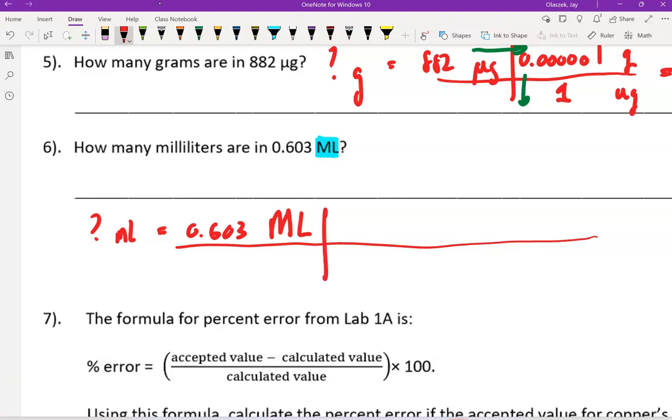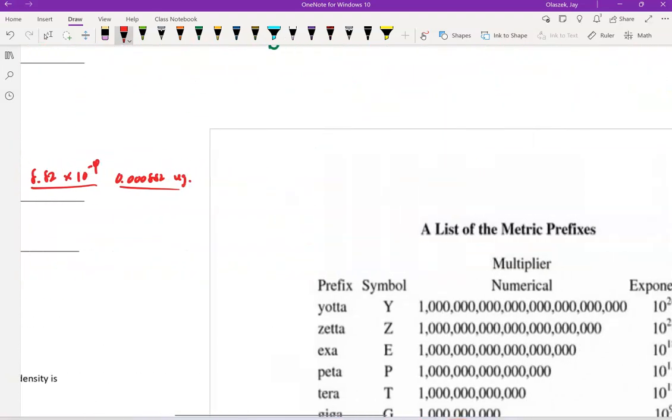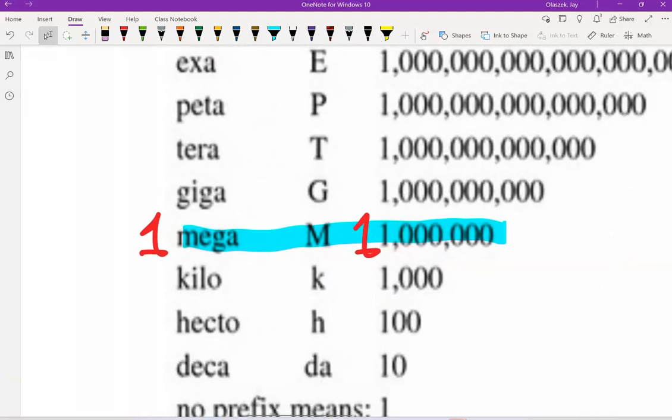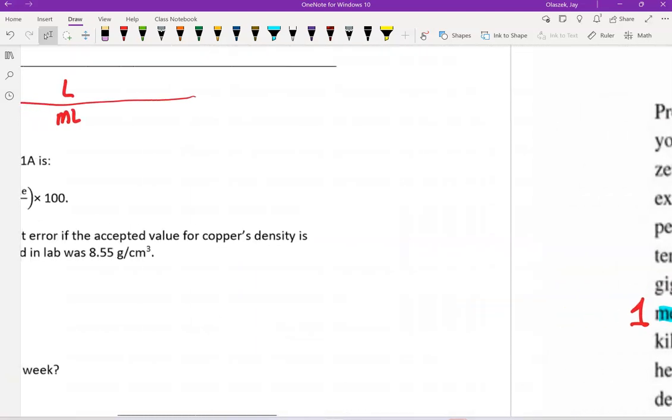All right. Can't go directly from one to the other. But what we can do is go from megaliters to liters. How are we going to do that? According to our conversion, 1 mega anything is 1 million of that thing. So 1 megaliter is 1 million liters.